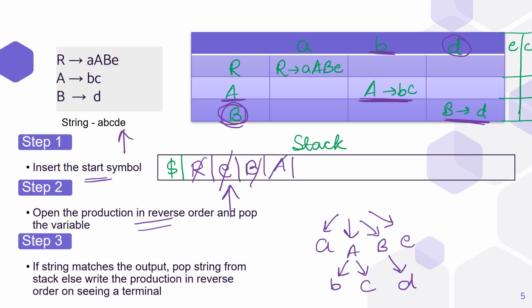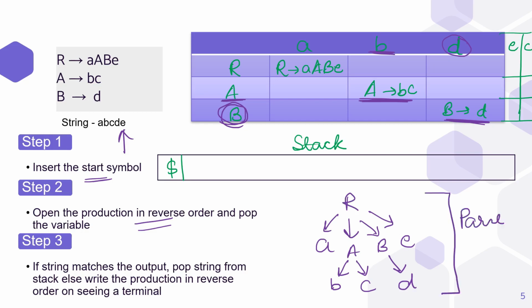Popping out means there is no content left in the stack and the stack is now empty, because all other items are popped out and we have only dollar left. Since we have only dollar left, that means we have successfully parsed the whole string, and this is the parse table that it has generated. This is a parse tree which is generated using this particular parse table.